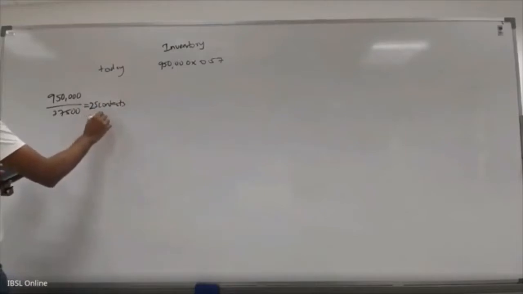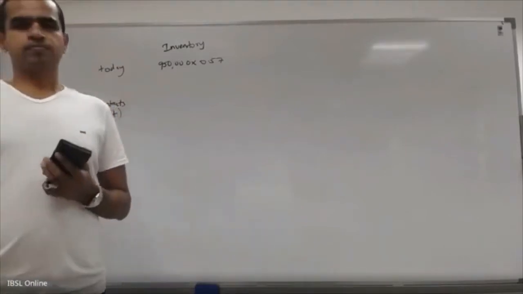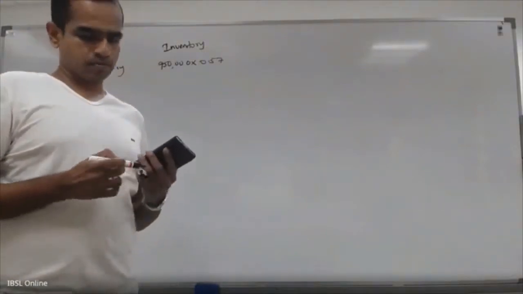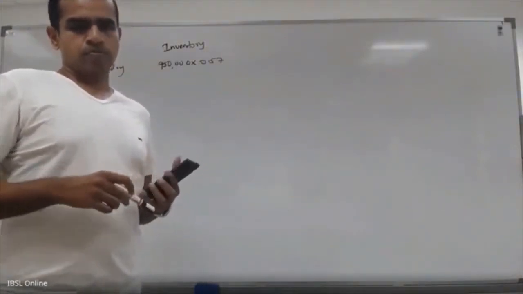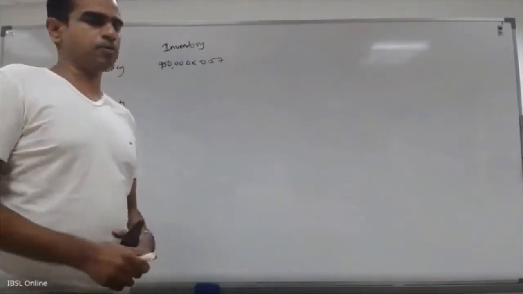So you need to go short 25 futures contracts. Coffee futures price with 3 months expiry is 58 cents per pound.